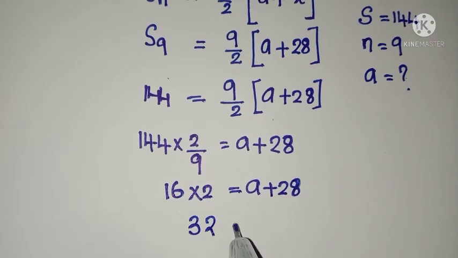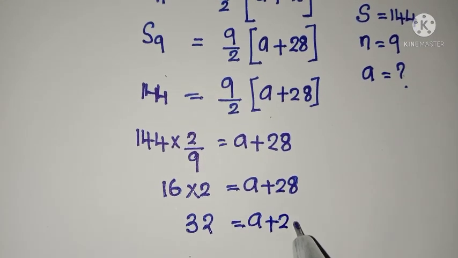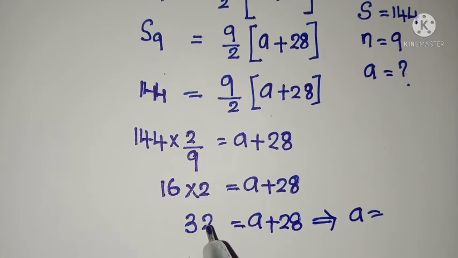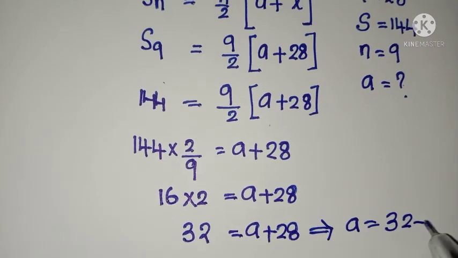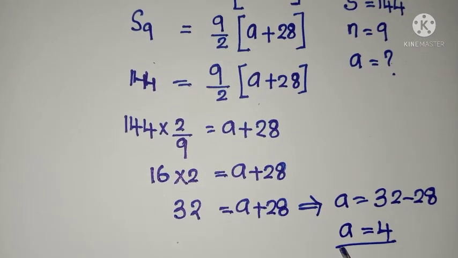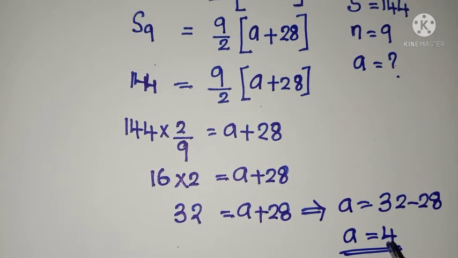So 32 equal to a plus 28, or a is equal to 32 minus 28, which gives 4. So a is equal to 4. That is, first term equal to 4.